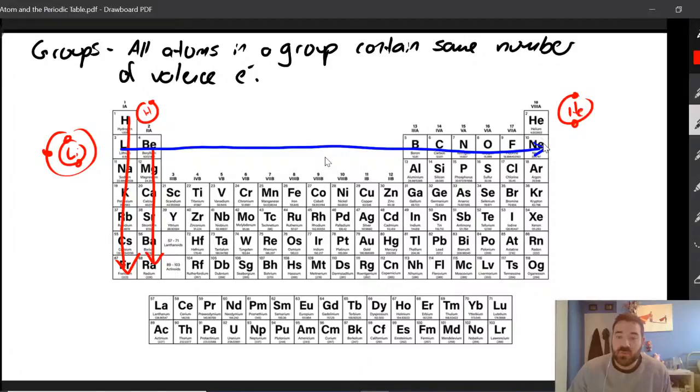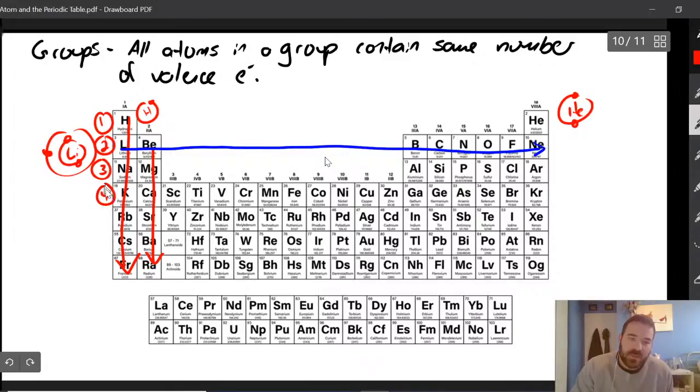They all have 2. So the first period has 1 electron orbit, the second period has 2, the third has 3, the fourth has 4, 5, 6, 7, so the 7th would have 7. So if we're talking about francium, which is this bottom atom right here, we would have to draw 7 orbits.